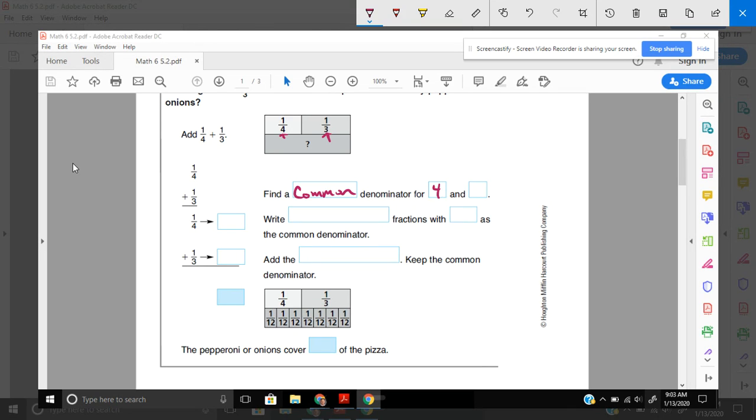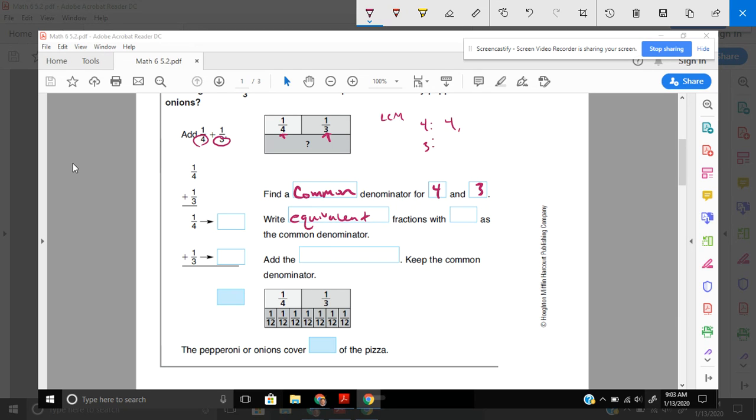So we're going to find a common denominator for 4 and 3. Okay, so what we need to do is write equivalent fractions with something as the common denominator. All right, well, I've got 4 and I've got 3. What is the least common denominator that they have in common? Well, I could just find the least common multiple of 4 and 3.